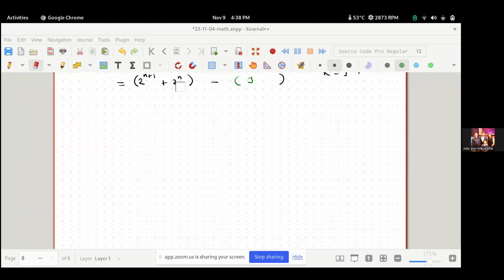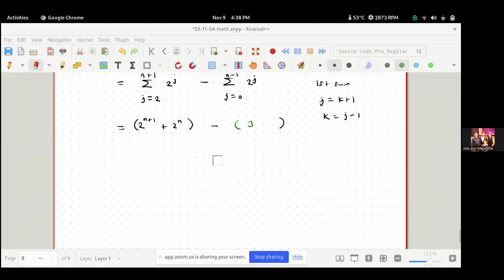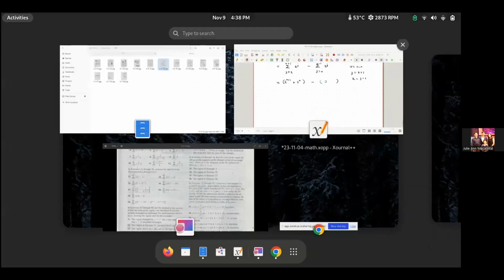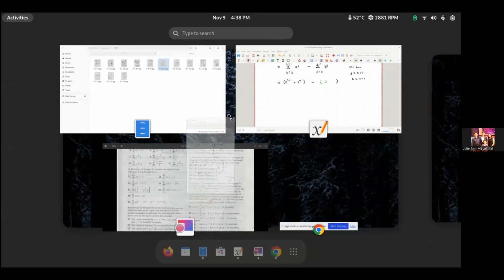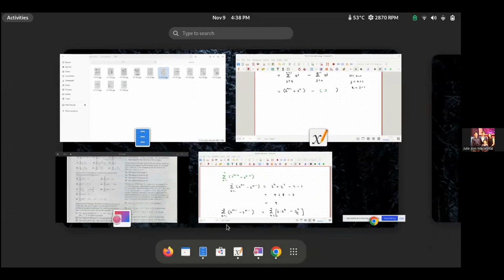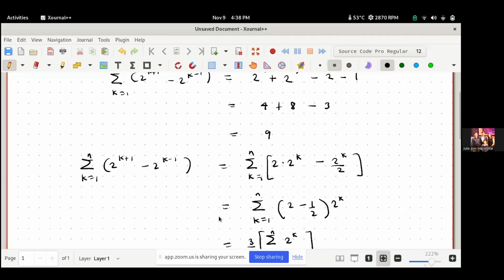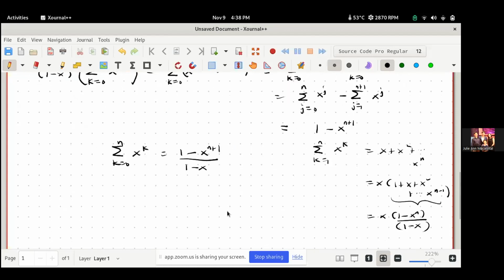So, yan yung mga techniques ng re-indexing. Okay na? Opo.